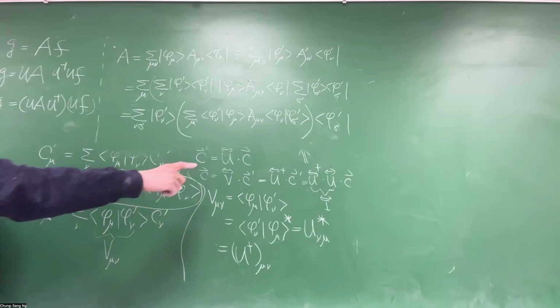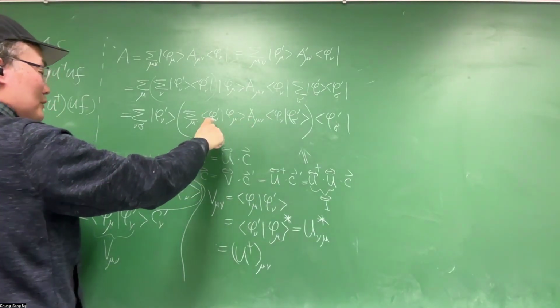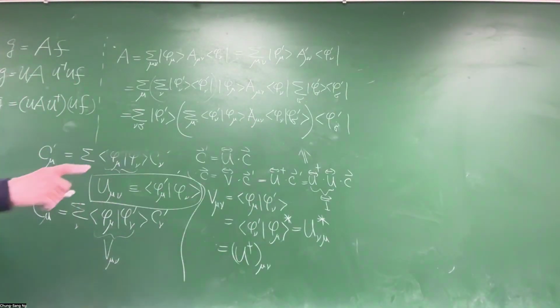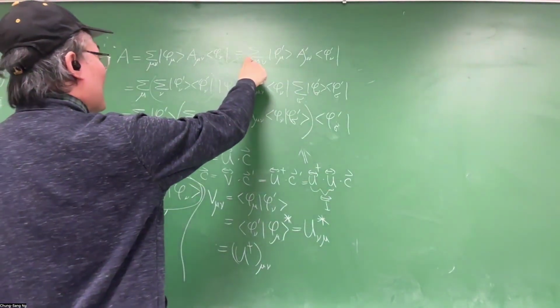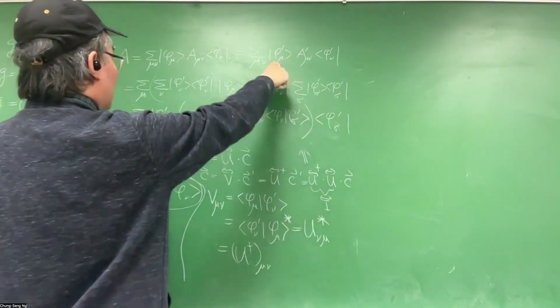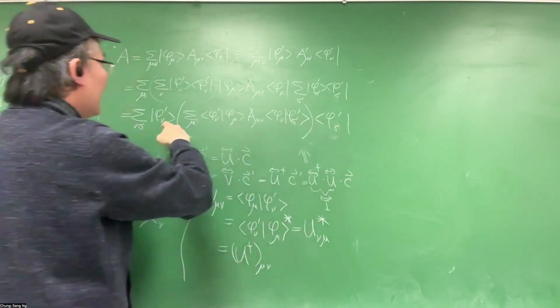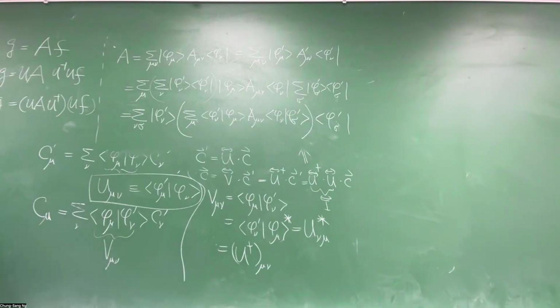So that's U dagger. So this is U times A times U dagger, which gives you A prime, except that this is something from mu and this is a sigma, so you need to rotate these indices.